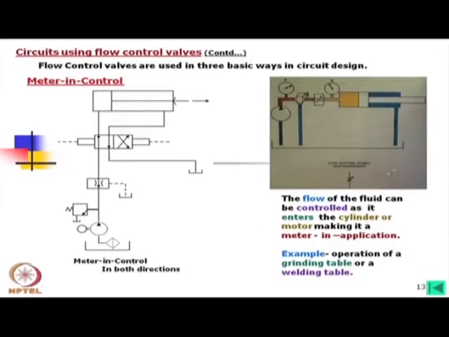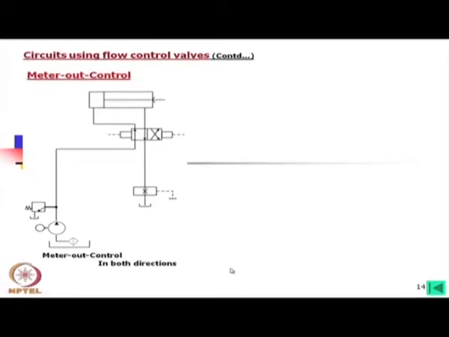Now, in this picture, you can see the high pressure oil is going and then it is being controlled. Always remember that when this is controlled, this side pressure becomes equal to the set pressure of this relief valve. Say if it is 10 megapascal, this side is 10 megapascal, whereas this side the pressure will be less.